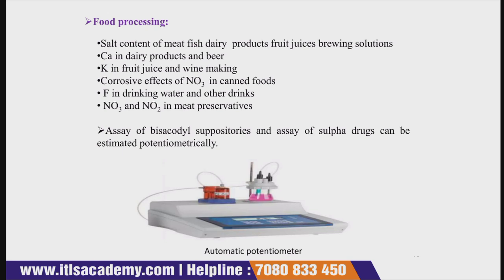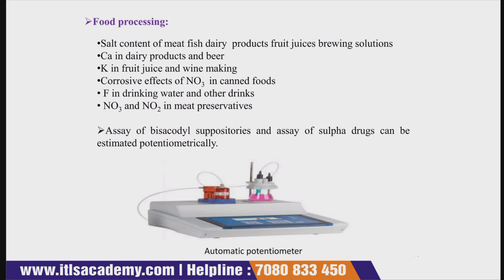And even if you want to measure nitrogen oxide in meat preservatives and other things present in different foods, in the food processing sector also this potentiometric method is good.